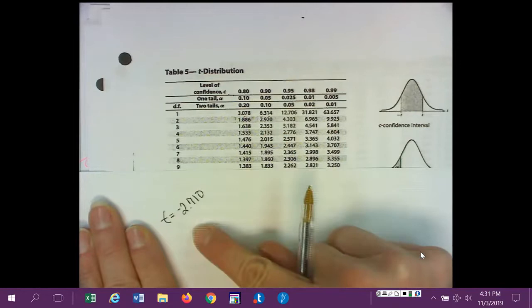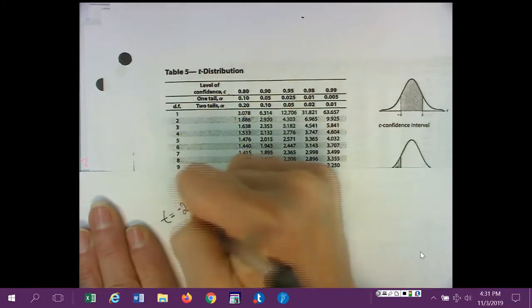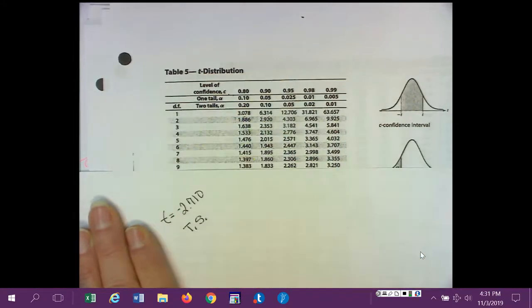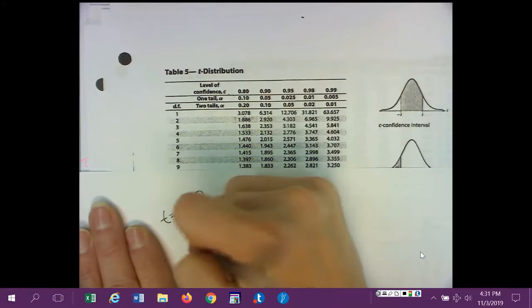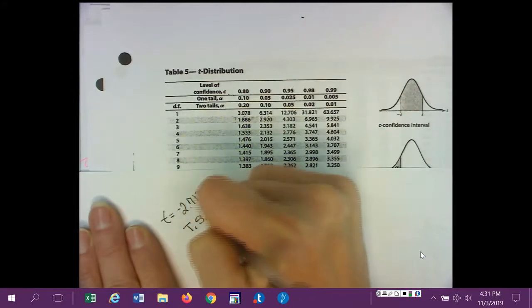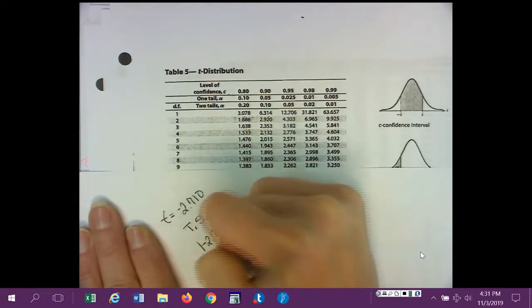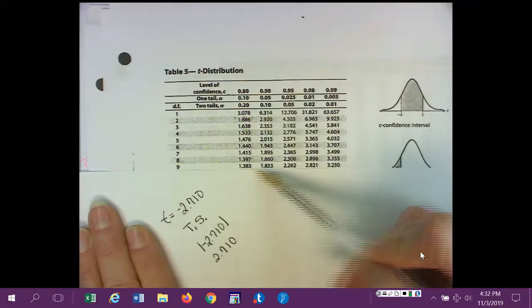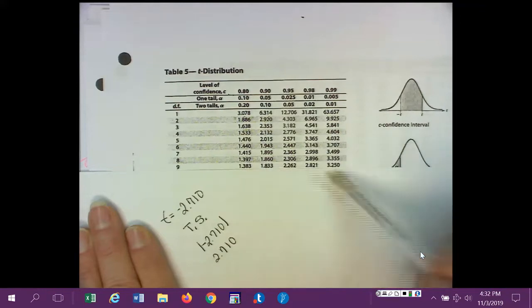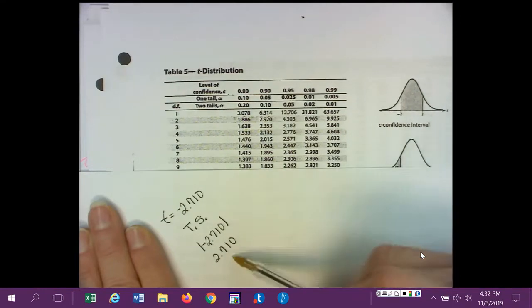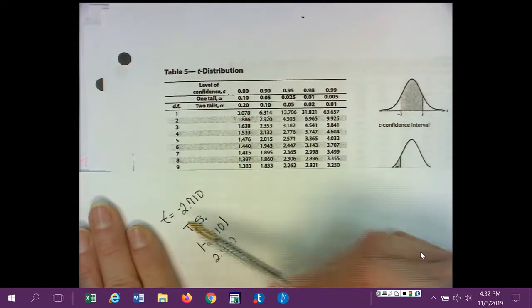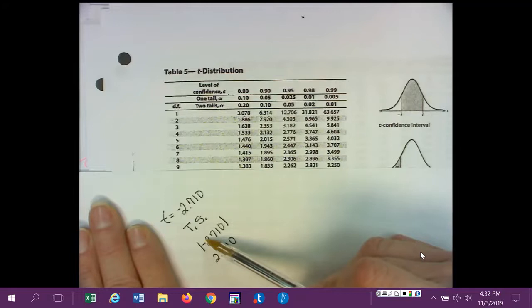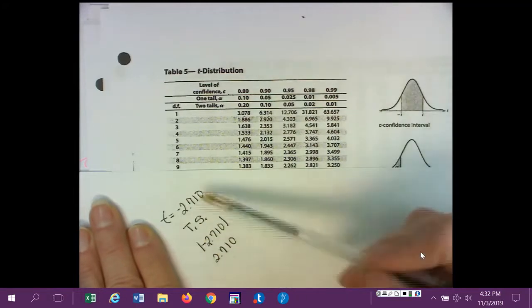And this was our test statistic. By the way, sometimes I say T period, S period for test statistic. We want to take its absolute value, which is a positive 2.710. And we want to look across the row and find the two values, if any, that bound the absolute value of my test statistic. The only time you're going to have to worry about taking the absolute value of the test statistic is when it's a left-tailed t-test. When it's a right-tailed test, then you're good.